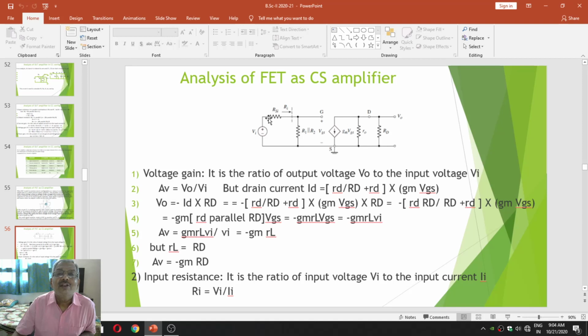Look here. Vi is the input voltage to be amplified, which is already present in the previous circuit. Rs is the internal source resistance. This is Ri, which is R1 parallel to R2.